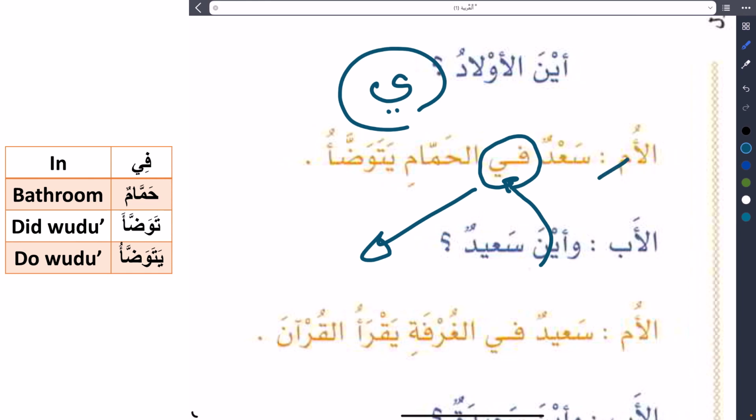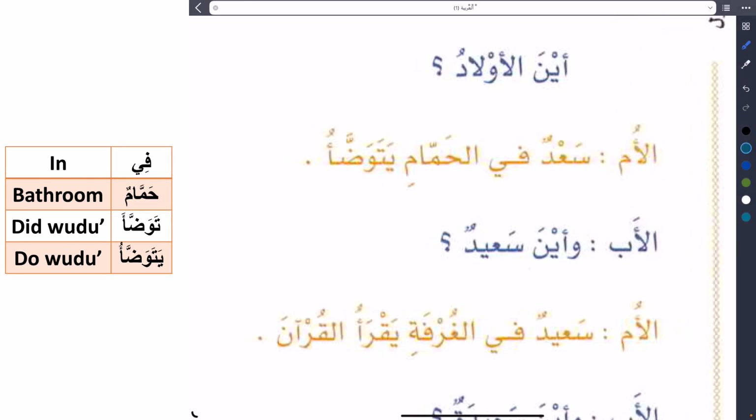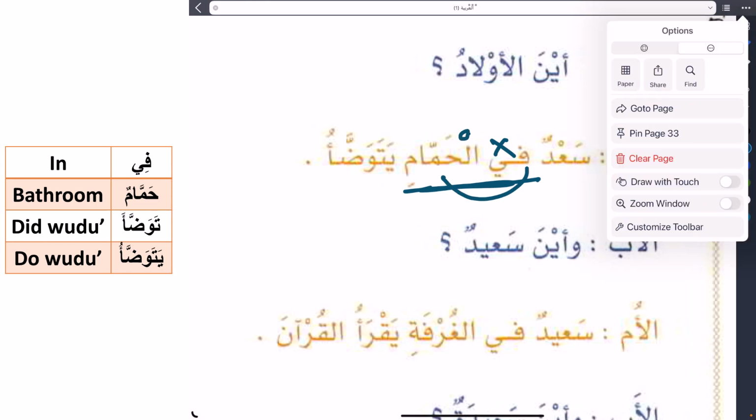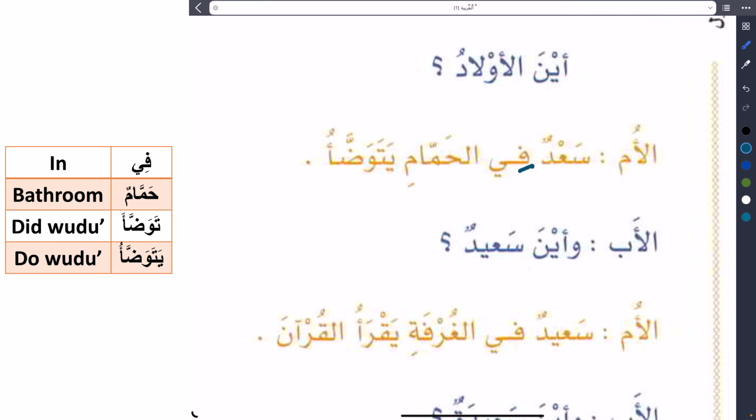So when we read this, we say fi, long. But when I read them together, I didn't do this stretch. I said fil hammami. I didn't do this stretch.